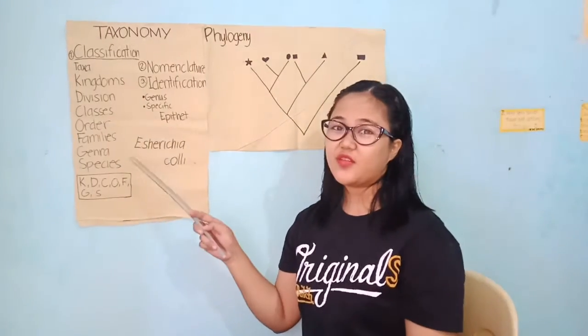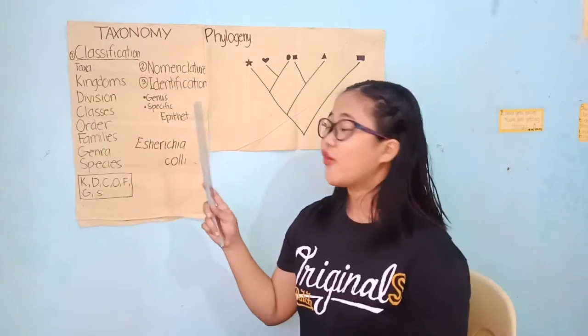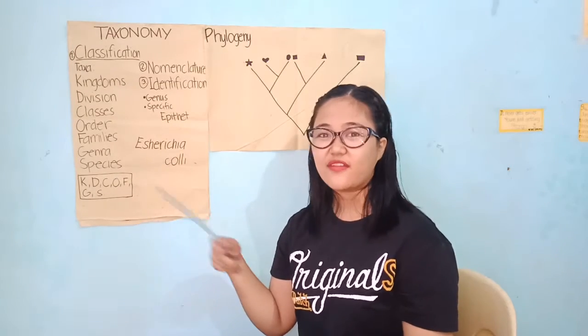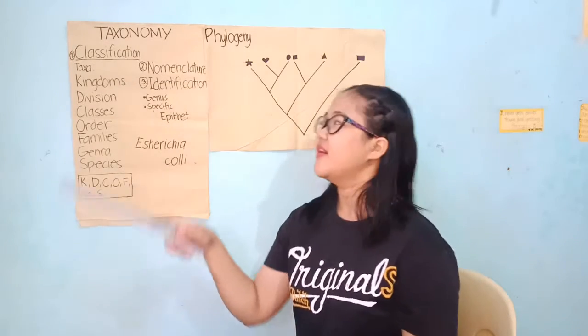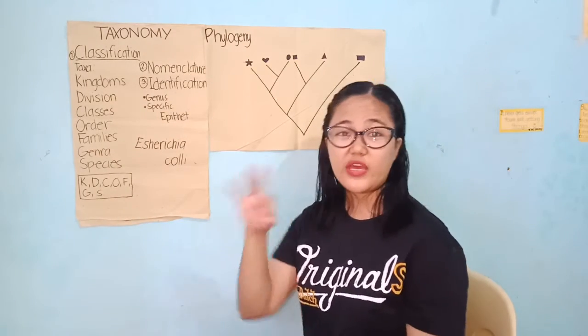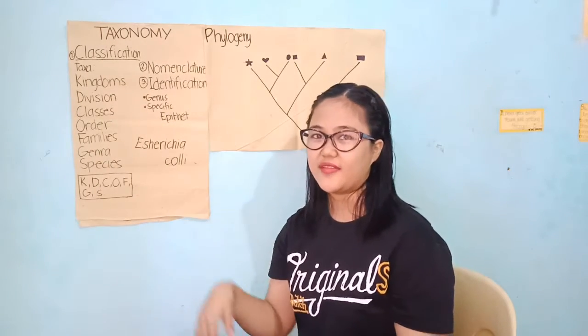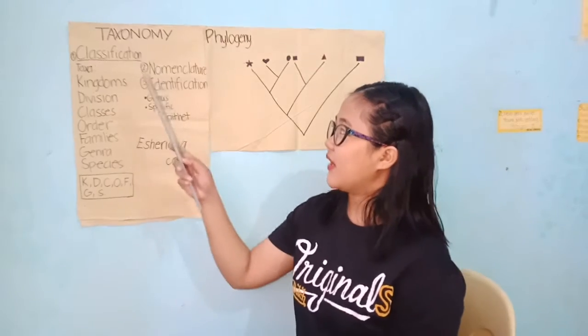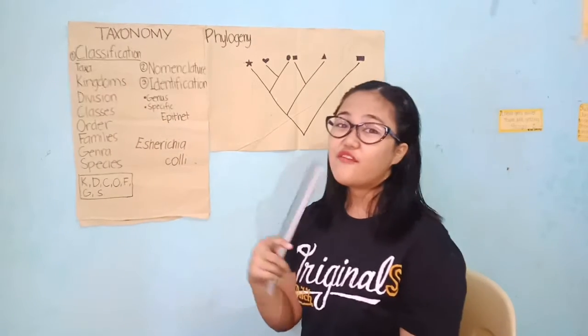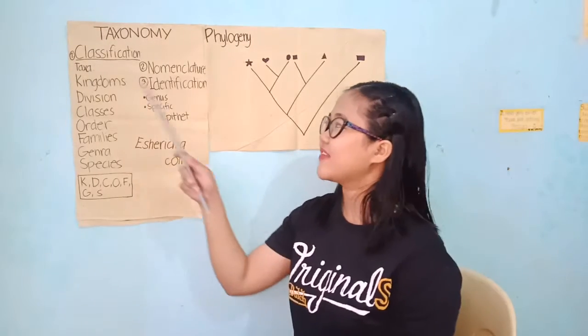So, first, what is taxonomy? According to Bergey's Manual of Bacteriology, taxonomy is the study of classification of living things. In taxonomy, there are 3 areas: classification, nomenclature, and identification. First, I will describe classification.